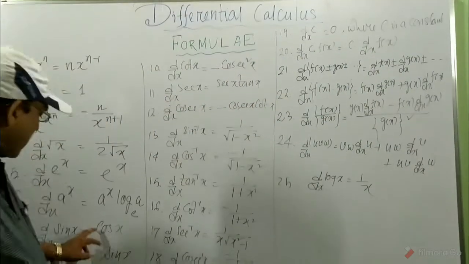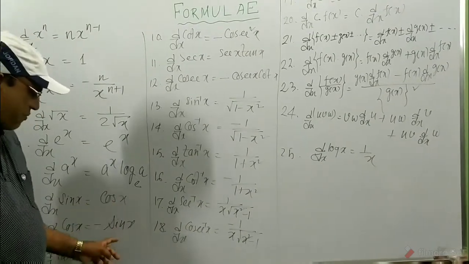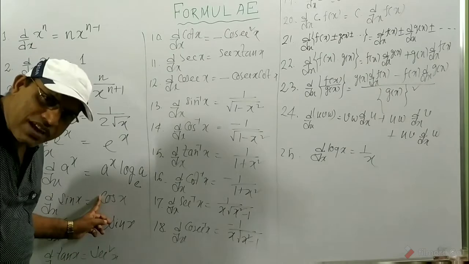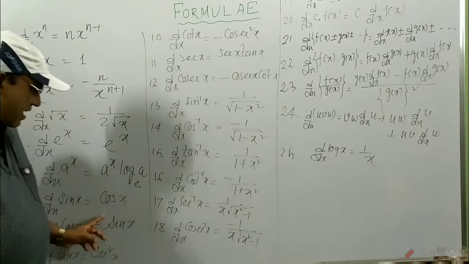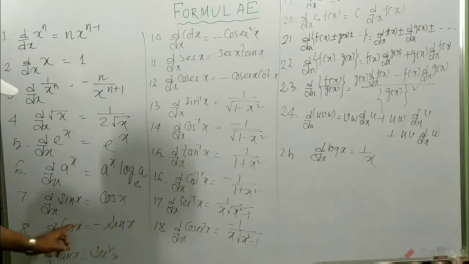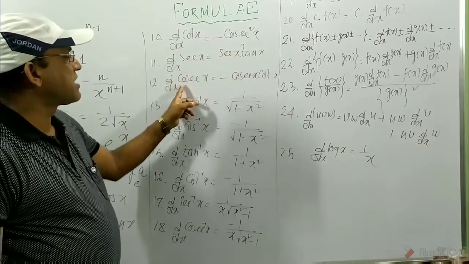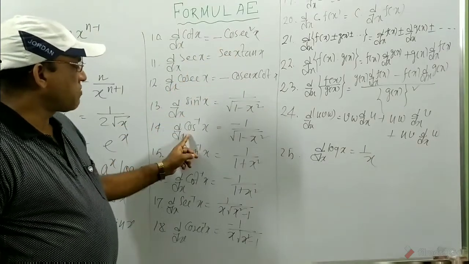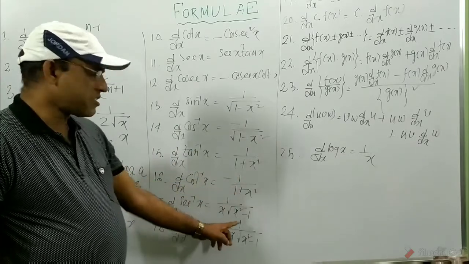In sine and cos, sometimes we face a problem whether the sign is minus or not. So you have to remember, if it starts with c, that is cos, cot, cosec, the answer is minus. Cos is minus, cot is minus, cosec is minus, cos inverse minus, cot inverse minus, cosec inverse minus.